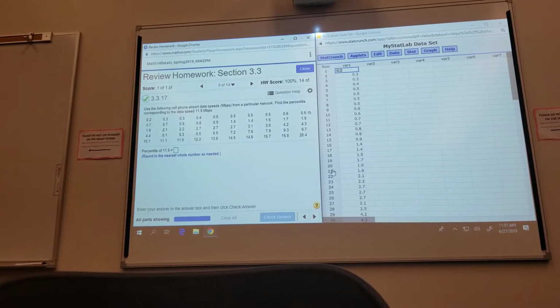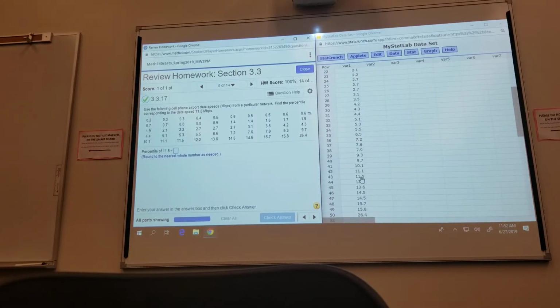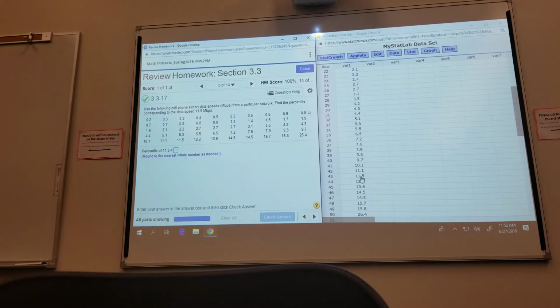Scroll down until what, David? Until we find 11.5. That's what we're supposed to do. What row is 11.5? What row is it, David? Speak louder.